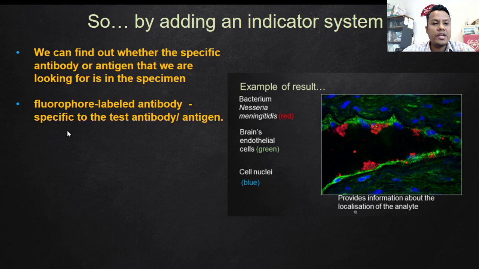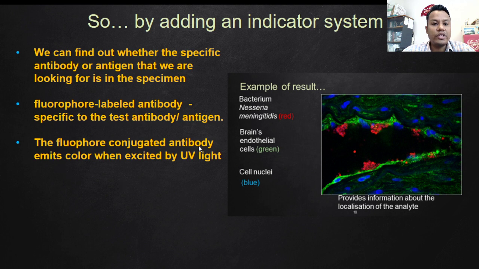Fluorophore label antibody specific to the test antibody or antigen. So we can observe here there are three different colors which represent three different fluorophore labeled antibody, which is specific to three different antigen.